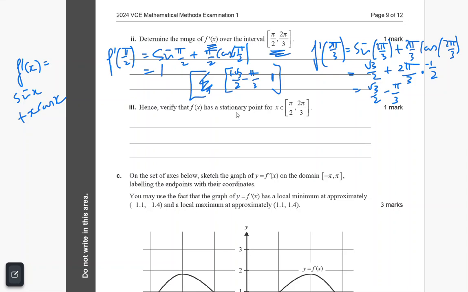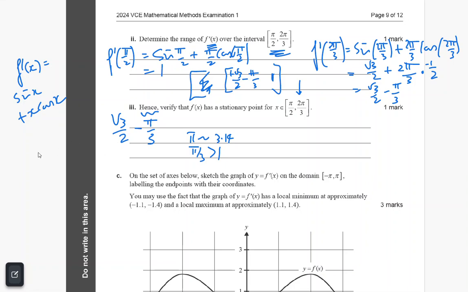Verify that f of x has a stationary point. So hence, I'm going to use this last answer. If there's a stationary point in between here and here, then a 0 must sit in here somewhere. So one of these is positive and one of these is negative. So let's check root 3 on 2 minus pi on 3. Pi is roughly 3.14. Therefore, pi on 3 is bigger than 1.